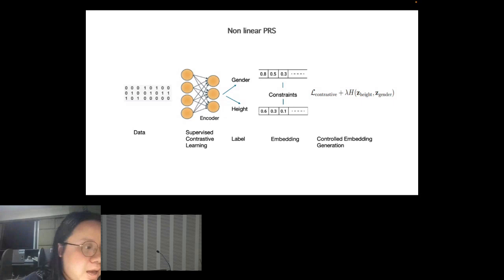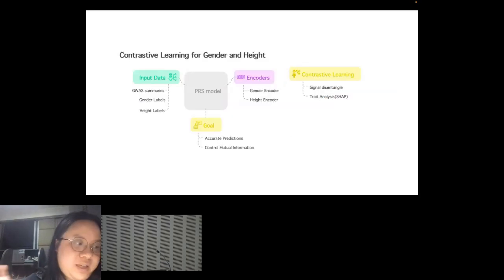And during the training process, we can add a constraint that can control embedding generation. To some degree, we can align or remove gender signal in the height representation to get a better representation and do some prediction. So, in summary, our framework includes two parts.